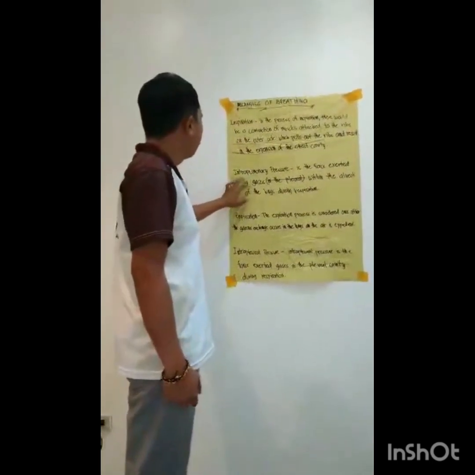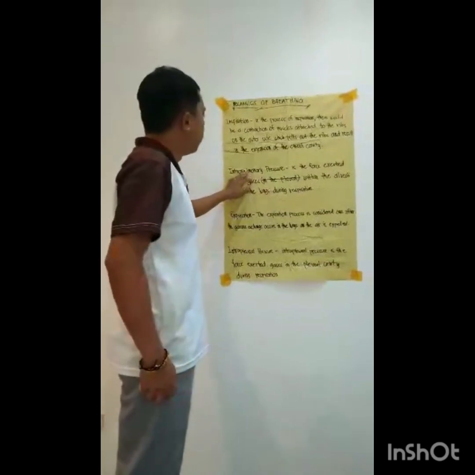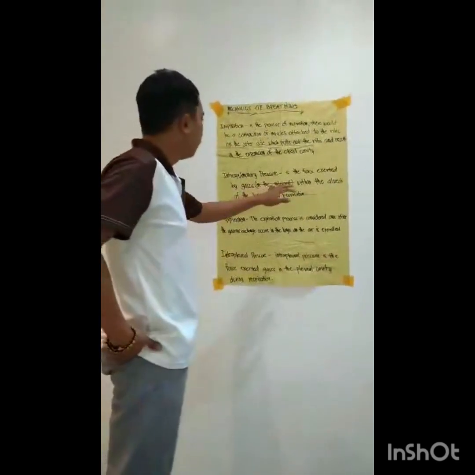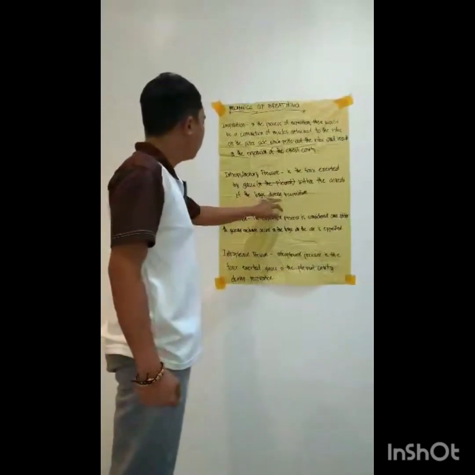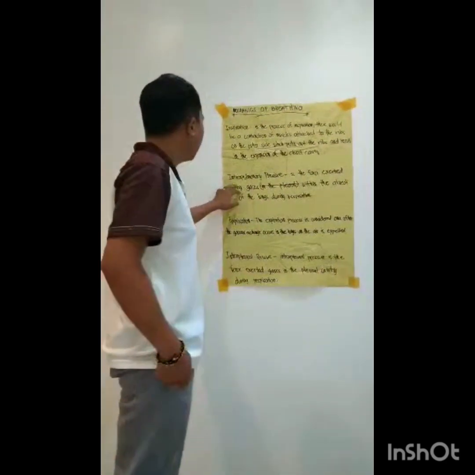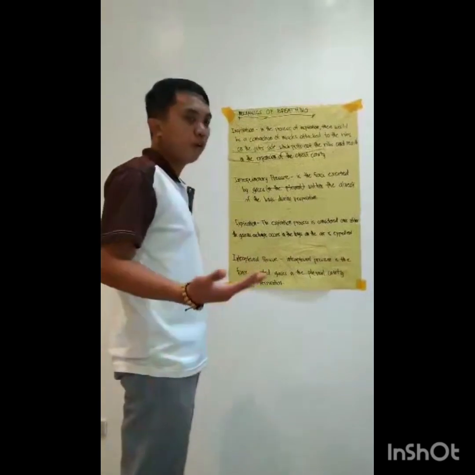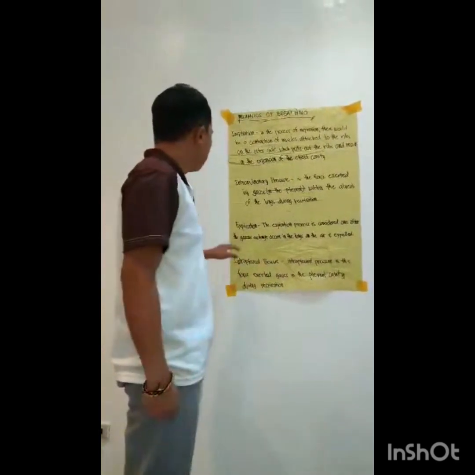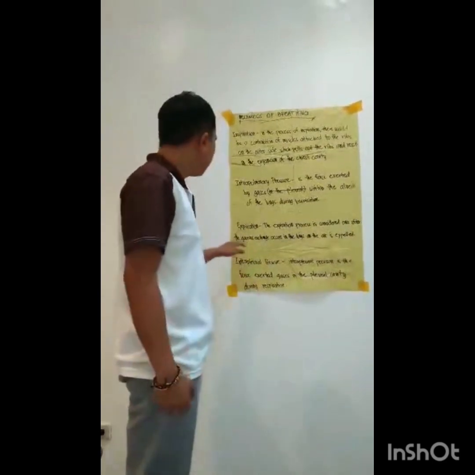Proceed ka sa intrapulmonary pressure. So, ang intrapulmonary pressure is the force exerted by gases within the alveoli of the lungs during expiration. So, ang intrapulmonary process mo dyan, mag-create of pressure gradients na mag-resulta o hangin padung sa lungs. So, sunod na sa expiration.